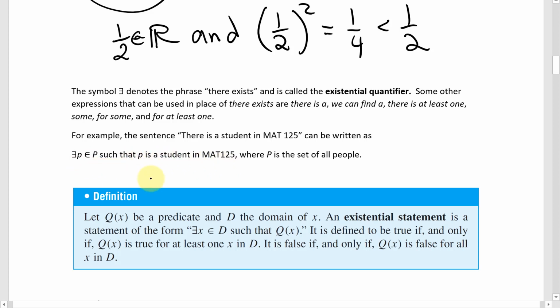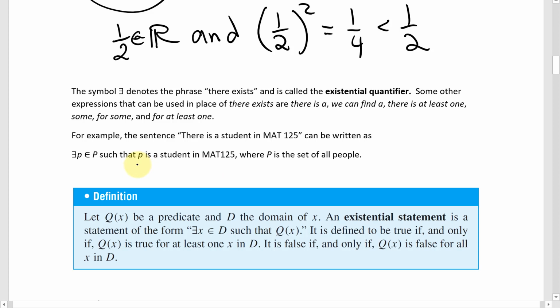It's not totally formalized because I might create a set of all students at school or in college, but we did formalize the set P of all people, and that's why this notation can be written in that formal way. P is an element of the set of all people. So there exists some element of the set of all people such that that person is in the class 125.